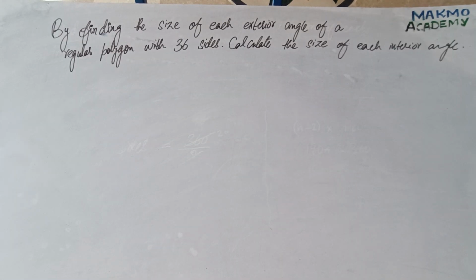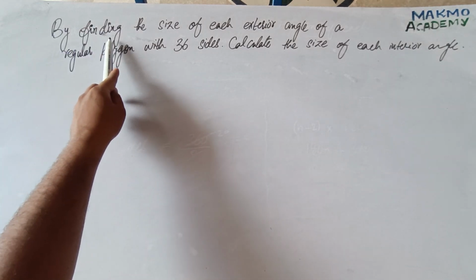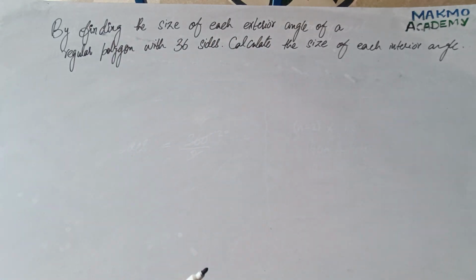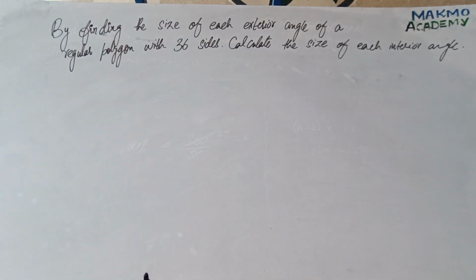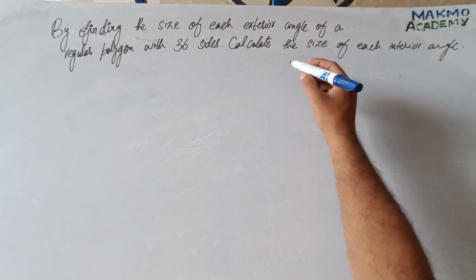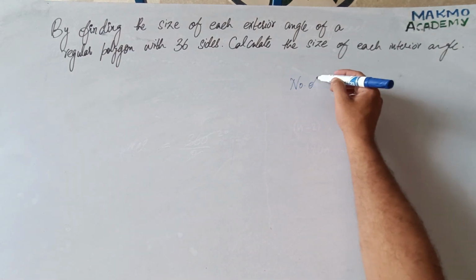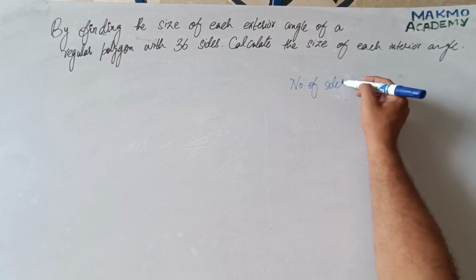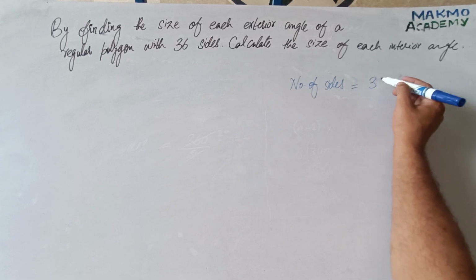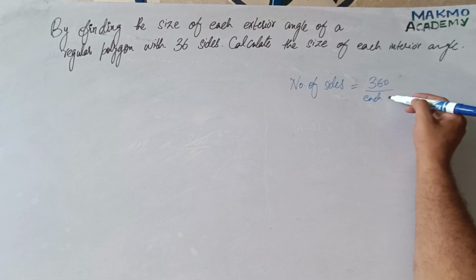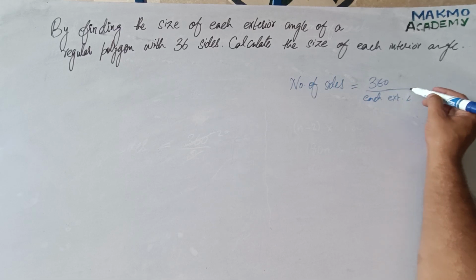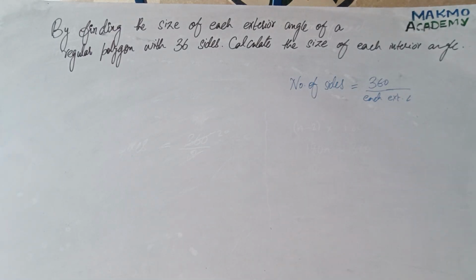Alright guys, now we are having this problem. Let's read and understand the problem very attentively. First of all, find the size of each exterior angle of a regular polygon with 36 sides. We know one formula: number of sides is equal to 360 divided by each exterior angle, isn't it? Each exterior angle, which we applied in the last question.